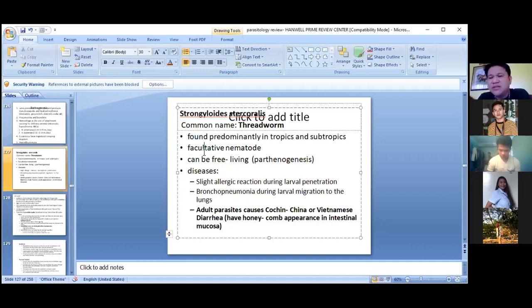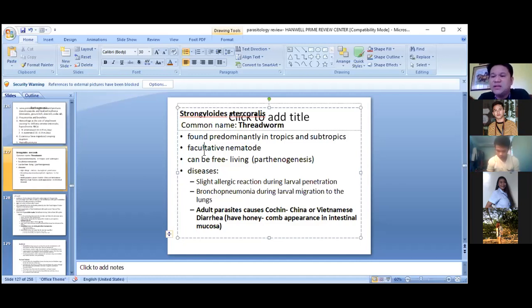When you say facultative, what does it mean again? It can survive outside, correct, the body of a host. Now, free-living, while it can survive outside the body of the host, it is able to continue its life cycle outside the body of the host. So Strongyloides is really a very unique parasite because it's a facultative and a free-living parasite. It exhibits parthenogenesis.